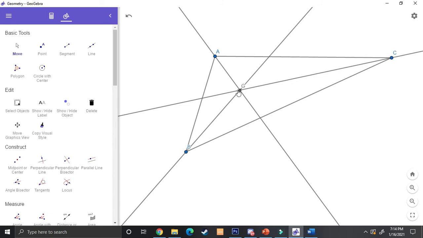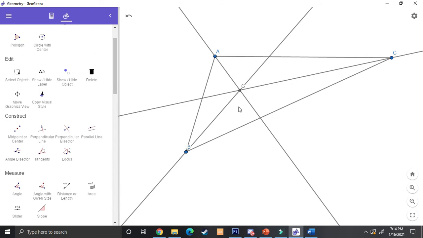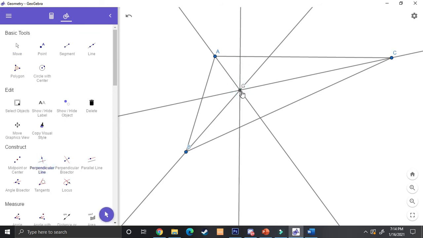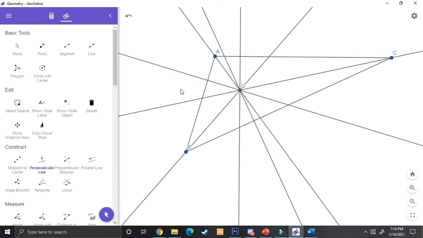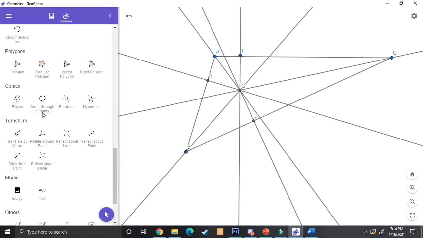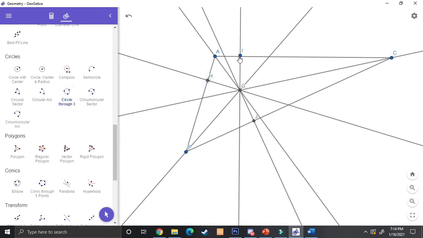Now, what are the special properties of the incenter? Well, it is equidistant to all of the sides. Let me show you why. So when we draw perpendiculars from G to AC, G to BC, and G to AB, and we draw points, and connect all of these points through a circle, we get something called the incircle.